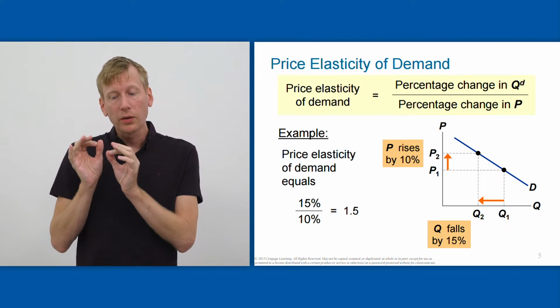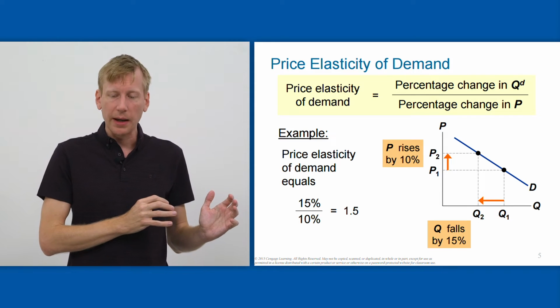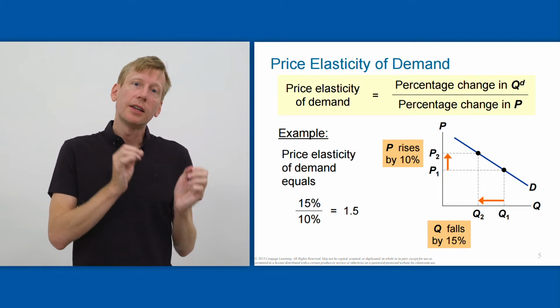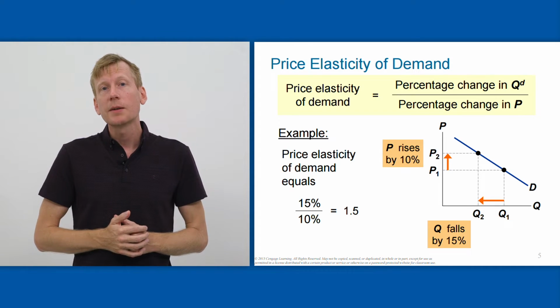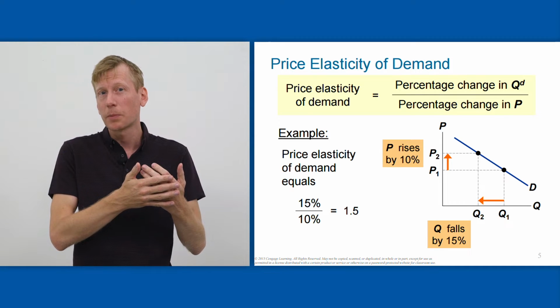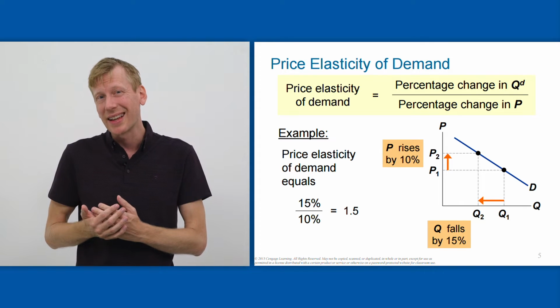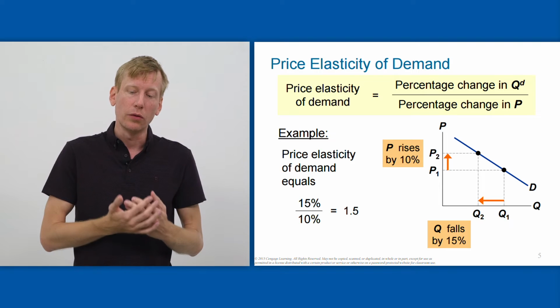Next, as we look at a movement, as you can see in this next slide, from point 1 on our demand curve to point 2 on our demand curve, this combination of Q1, P1 to Q2, P2, moving along the demand curve, we can see a percentage change in the price on the vertical axis, as P2 has a higher price than P1, and a percentage change in quantity on the horizontal axis as quantity decreases from Q1 to Q2.